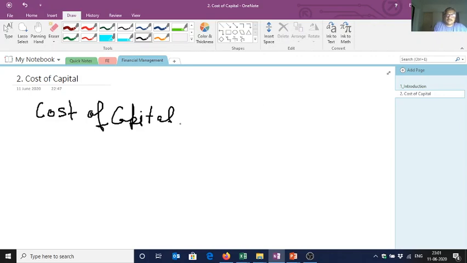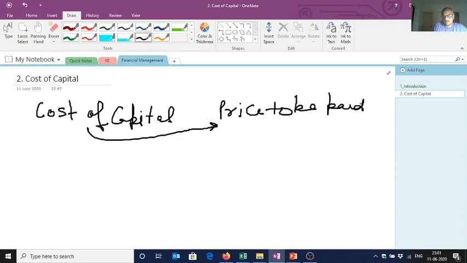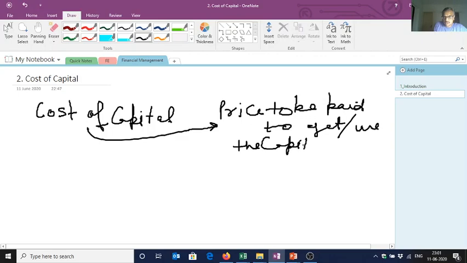This cost of capital is in a way nothing but the price to be paid to get the capital or use it. This is an important thing to understand. Like any other commodity, capital should also be treated like a commodity.